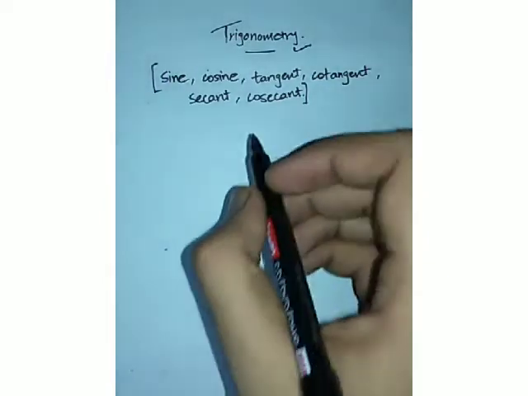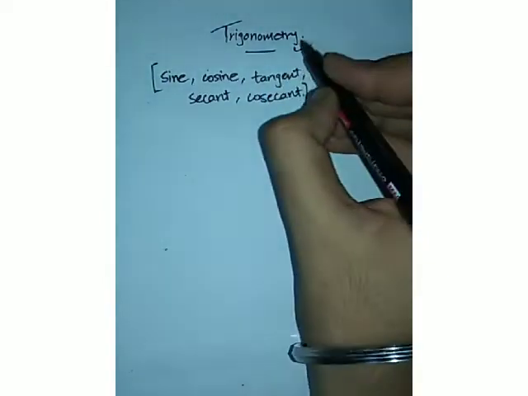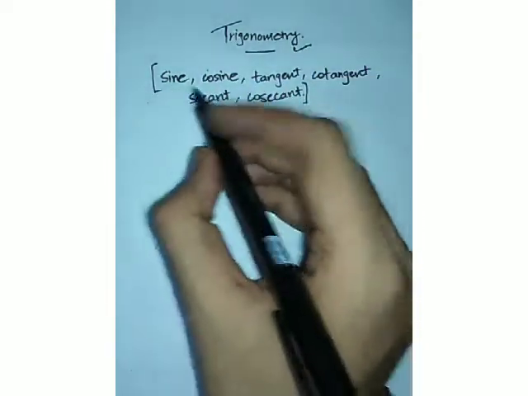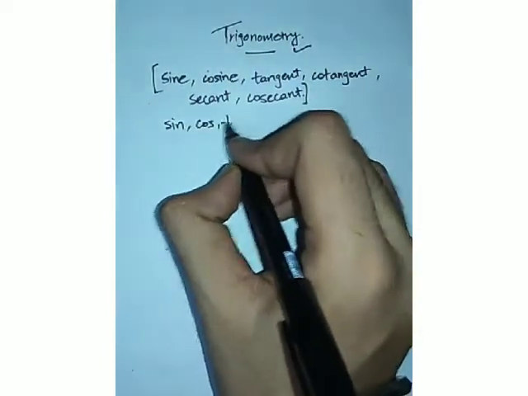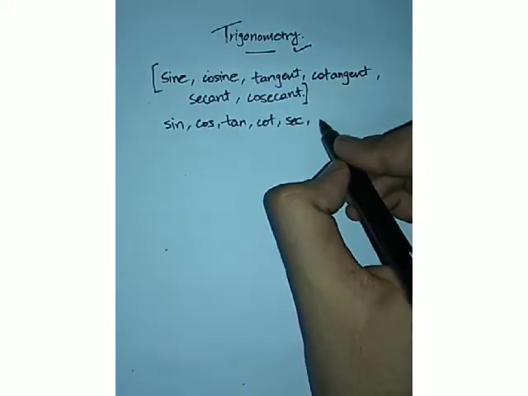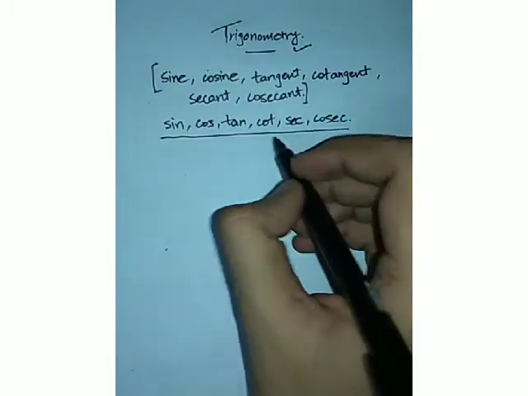We'll be having an introduction and representation of these trigonometric functions in today's video. Now, these are the full forms of these functions, but in short form, these are written as sin, cos, tan, cot, sec, and cosec. Okay, this is the short form.